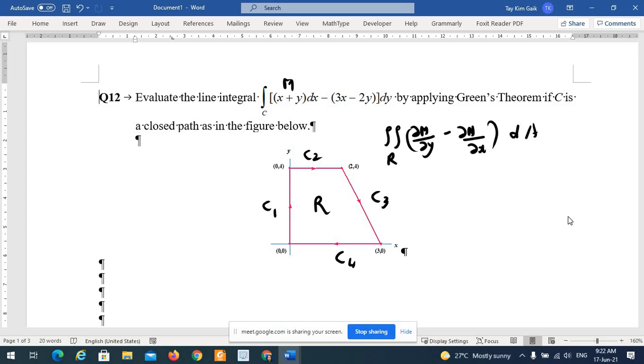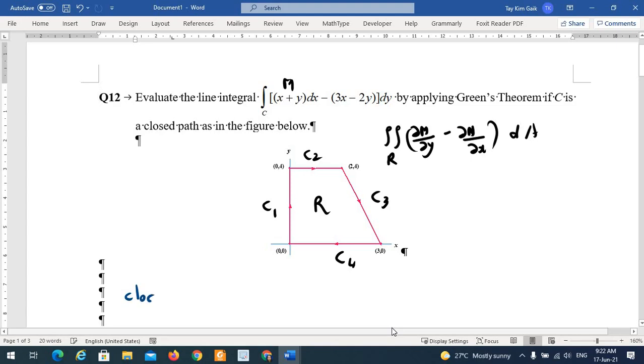So if this is clockwise, this formula is actually for anti-clockwise.